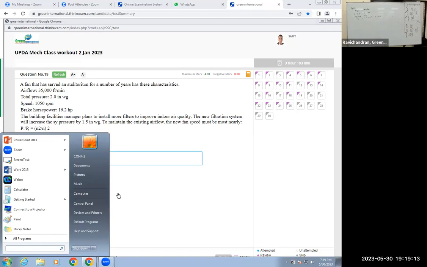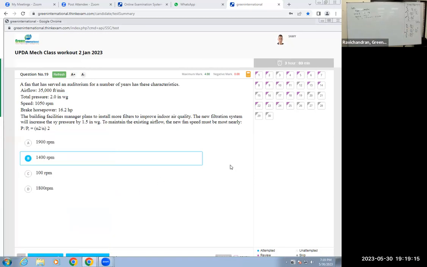So to maintain the existing flow, the new fan speed must be nearly what? So they are asking for the N2. From this formula, we have pressure and speed. So P1 by P2 is equal to N1 by N2 square.